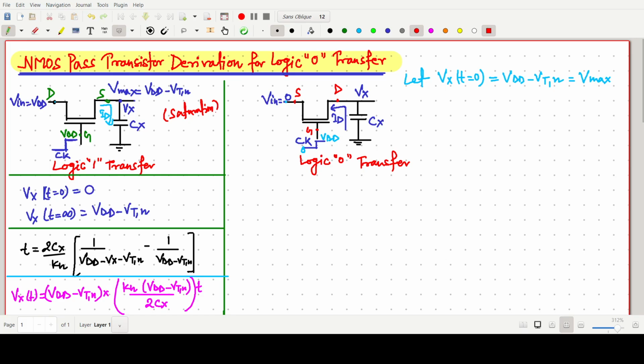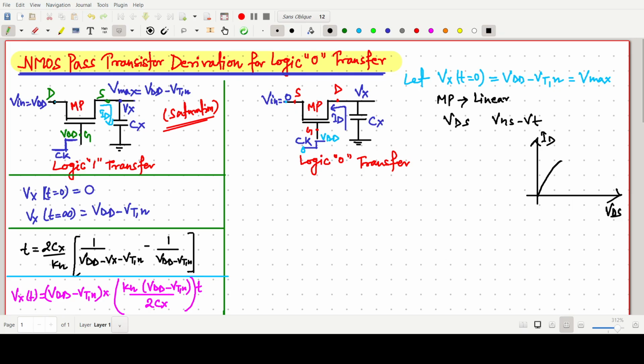Now in this situation, the pass transistor, that is, we can say MP, is in the linear region. How? For the linear region, what is the expression? We know VDS and VGS minus VT. Once again, I am just drawing the MOSFET ID-VDS curve.